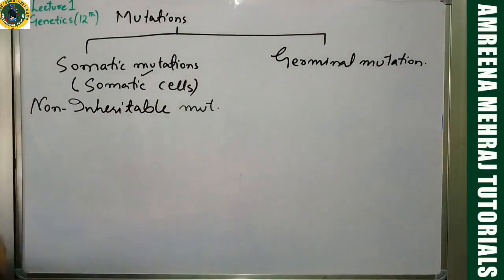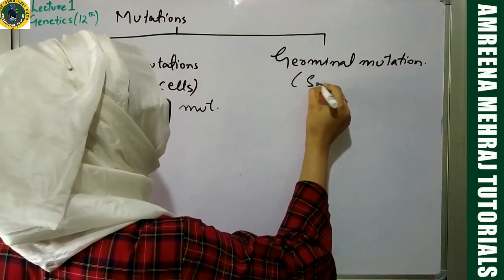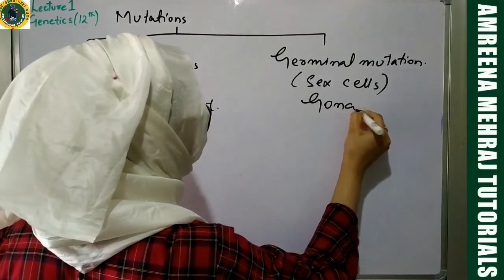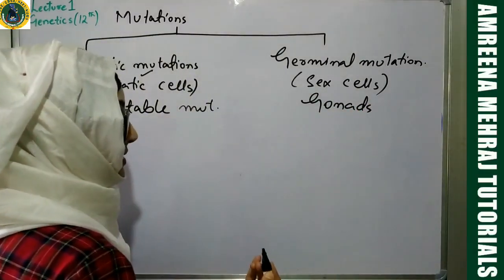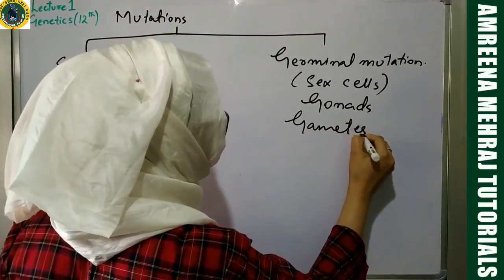They are non-inheritable. When we talk about germinal mutations, these mutations are happening in the sex cells. So here we are concerned with the gonads. So we are concerned with those cells which are responsible for the production of gametes.